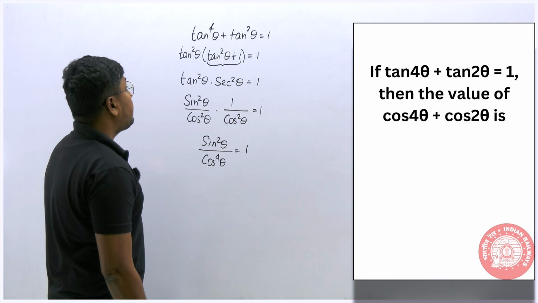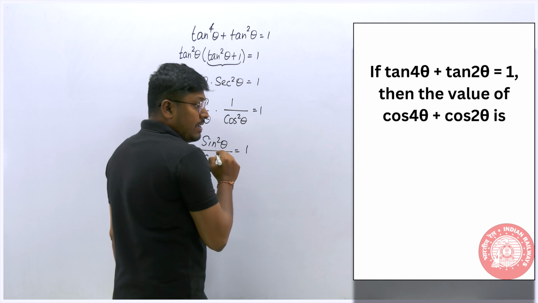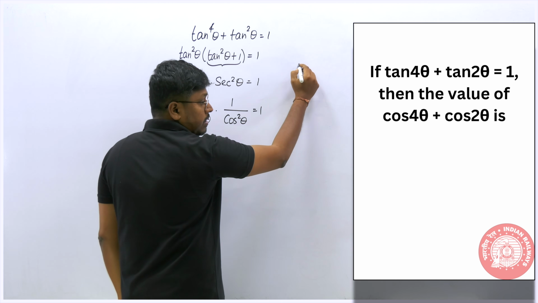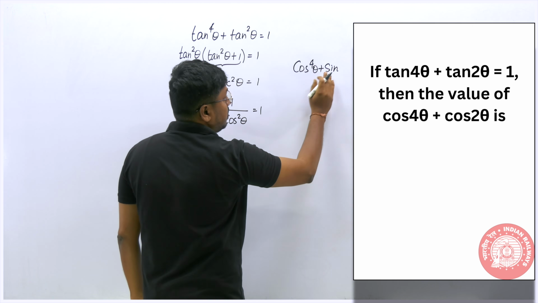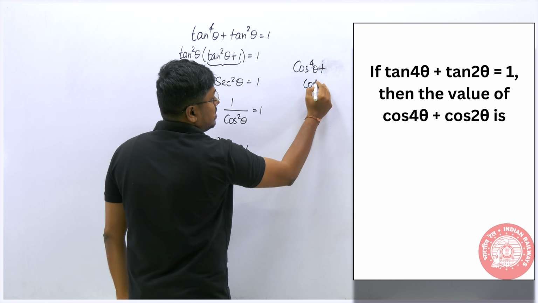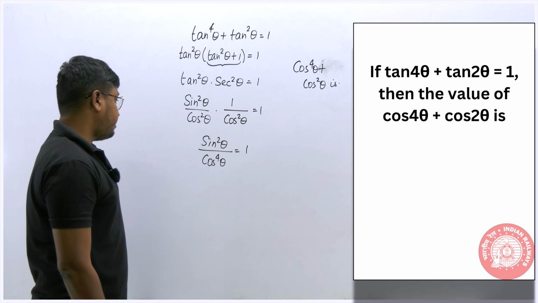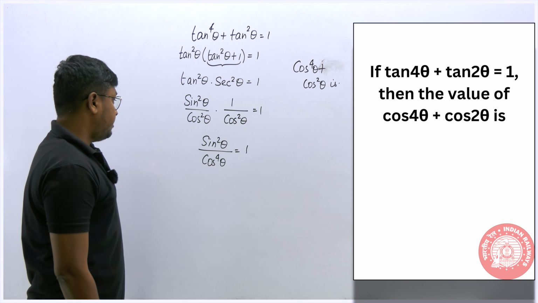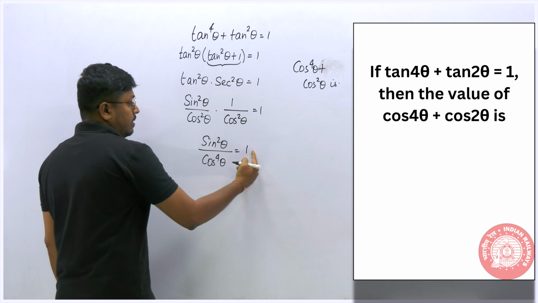Okay, so now what is the question they are asking us? What is the question they have given? The value of cos power 4 theta plus cos square theta. So we have to find the value for it. Let me bring this to the other side.